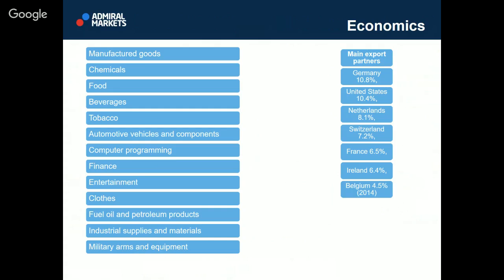All this is what the economy is made of: manufactured goods, chemicals, food, beverages, tobacco, automotive vehicles and components, finance, entertainment, and so on.